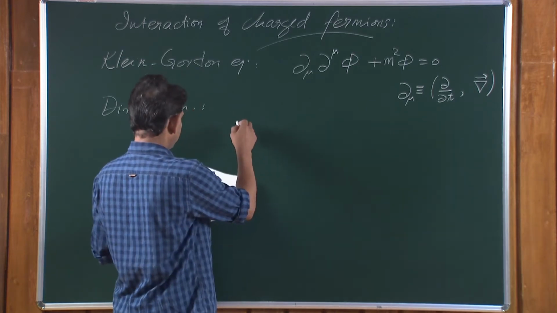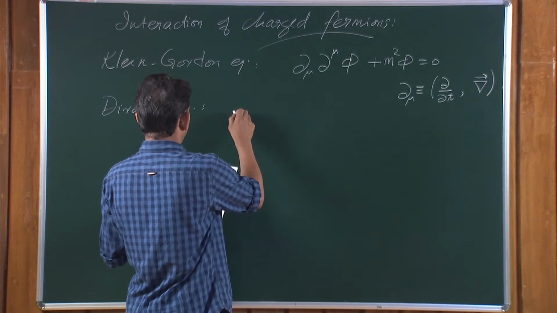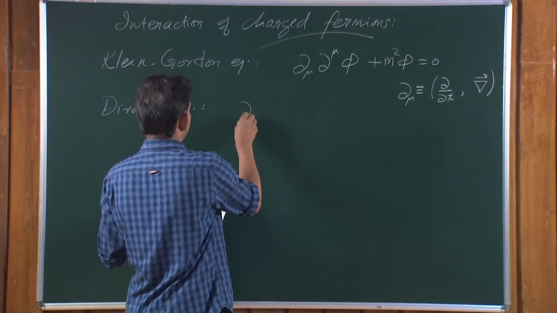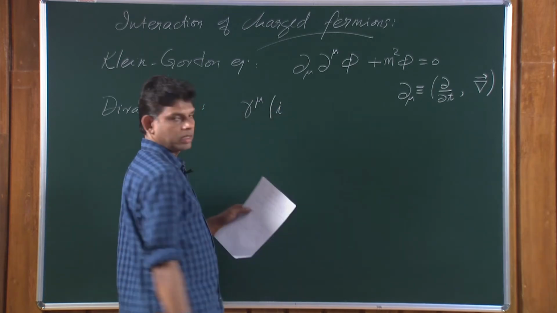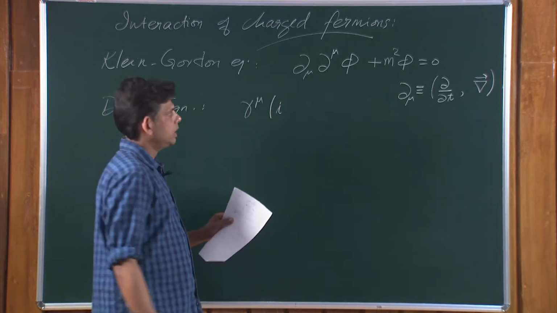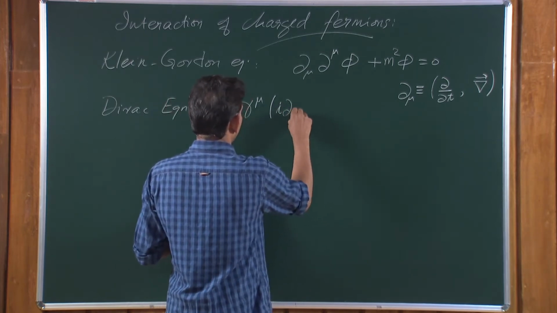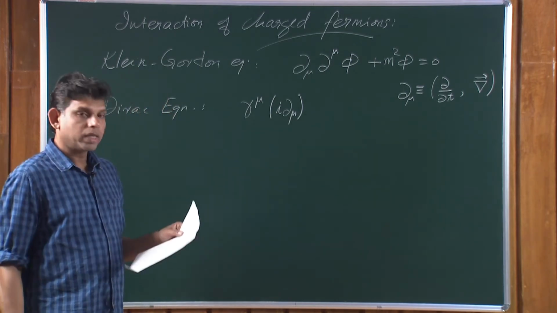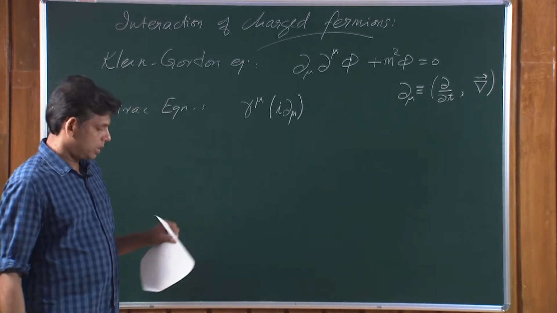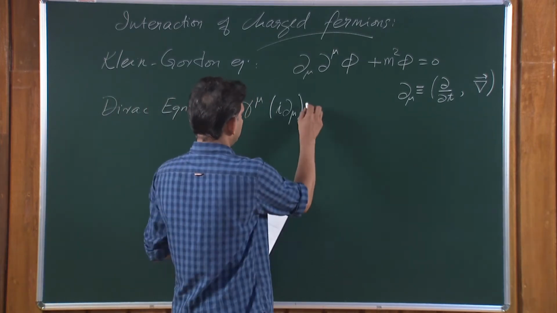In the Dirac equation, we have a slightly different case where we have gamma mu, an object which we have defined clearly and described in some detail, and I dou mu, which is essentially the momentum operator apart from a sign and apart from the constant h cross, which we are taking as 1.